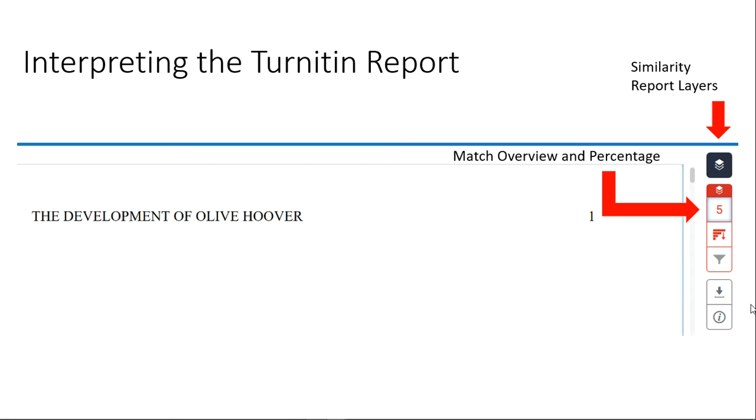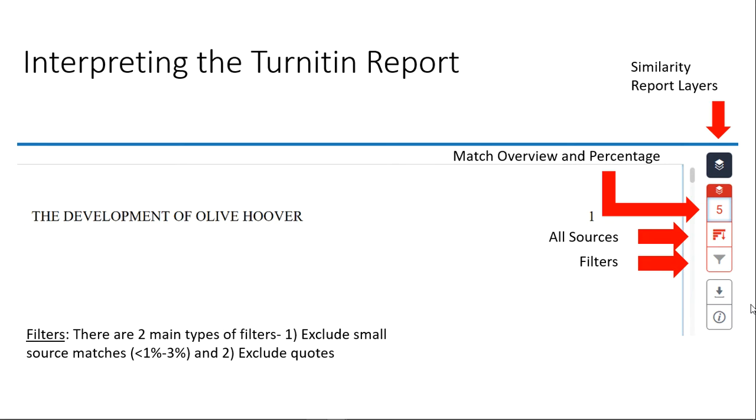Second is the match overview and percentage icon. This opens a side panel and allows the user to view each highlighted match throughout the entire paper. Third, provides a list of all sources for the matches it detected within the text of the paper. Fourth, allows the user to filter and customize the matches viewable within the paper.